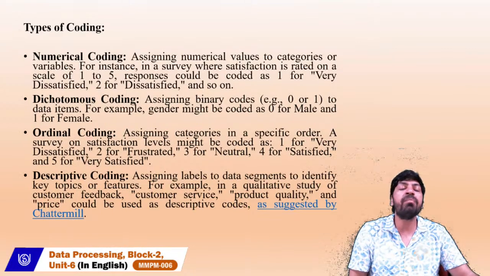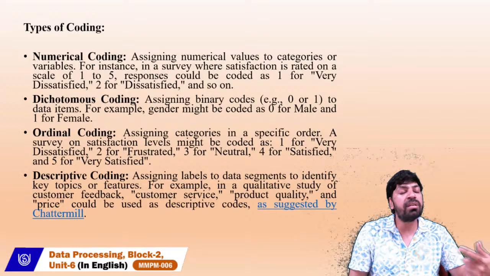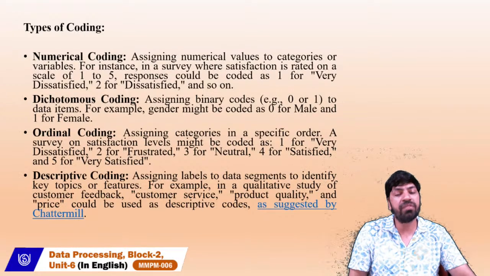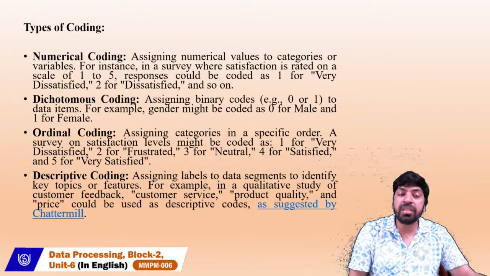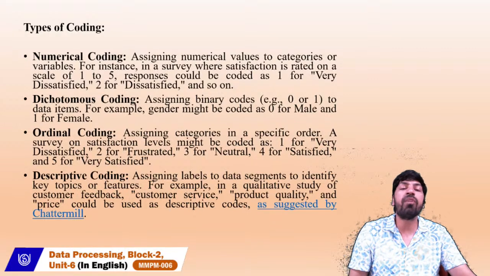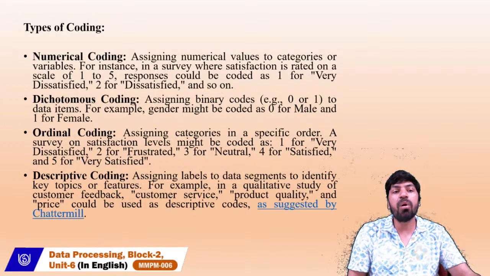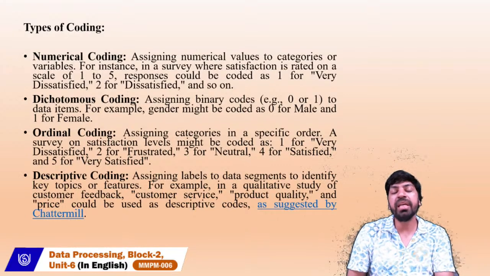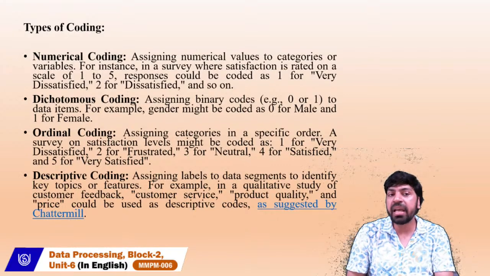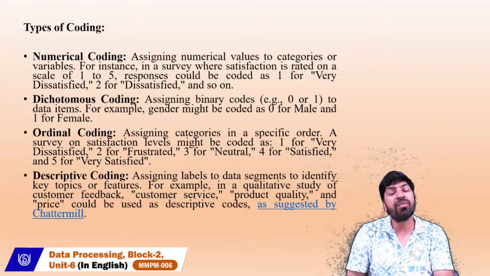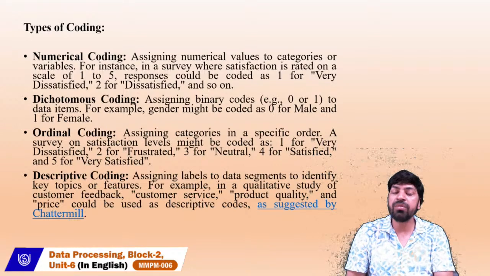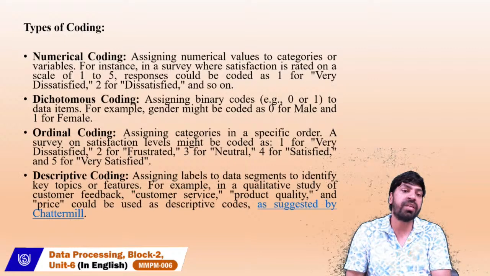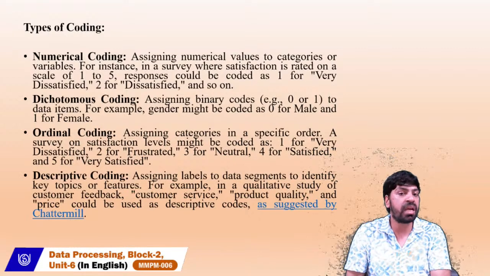Let's code it numerically: 0 for males, 1 for females, 2 for transgender, 3 for others. So this is called dichotomous coding. Such coding is always designed and assigned for demographic variables, and of course with the objective-based questionnaires of your research study.